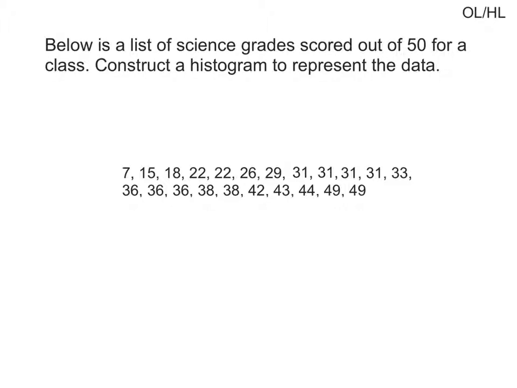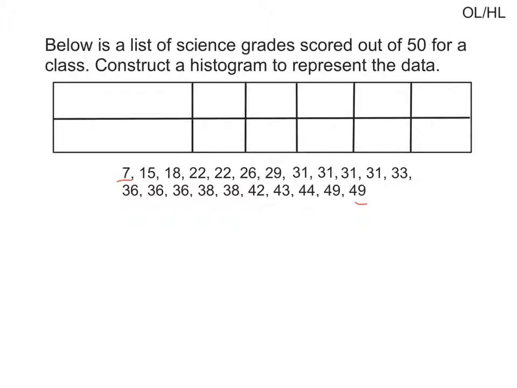Looking at our data set, our data values range from 7 to 49. In this case, to pick intervals that are easy to work with, I'm going to stick with a size of 10 for each interval. So our first interval is 0 to 10.